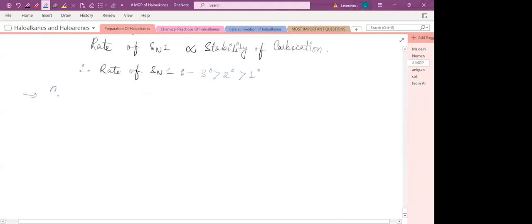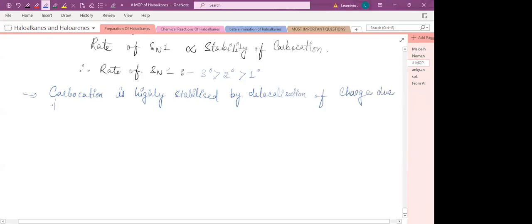So what I said, carbocation is highly stabilized by delocalization of charge. Why?